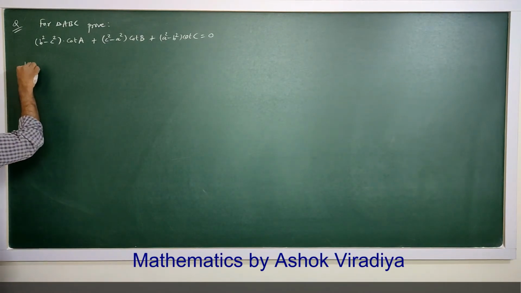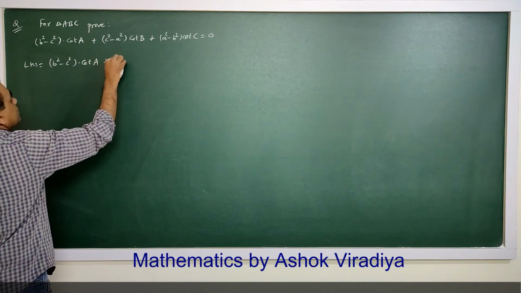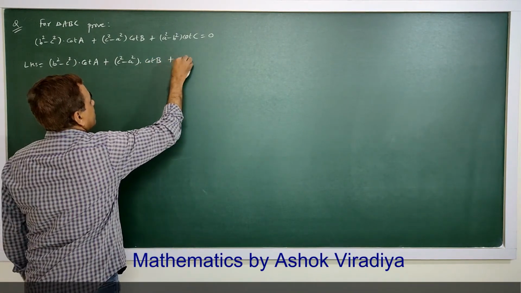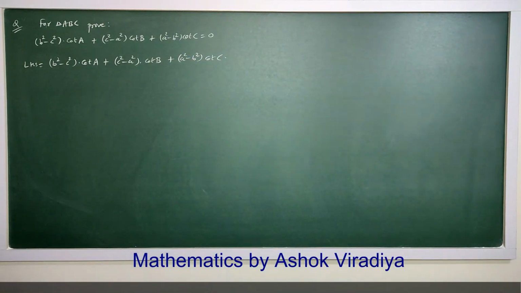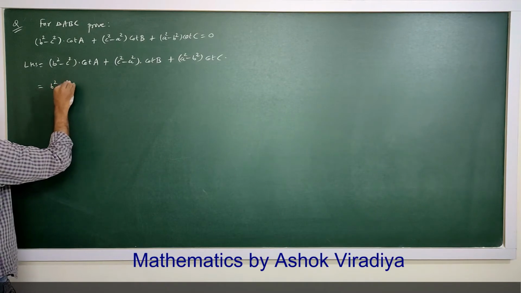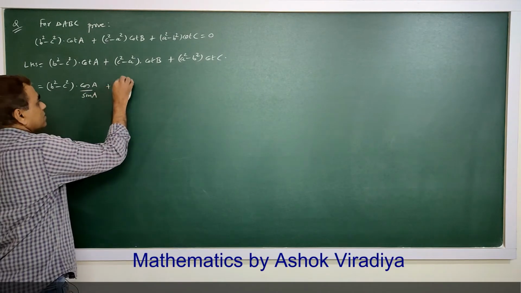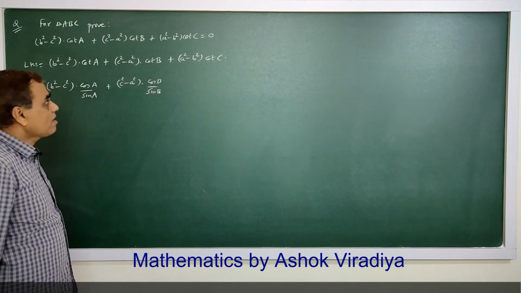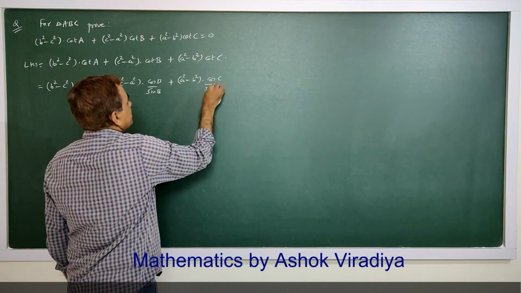Beginning from the left hand side: b square minus c square into cot A plus c square minus a square into cot B plus a square minus b square into cot C. Now first of all, we express cot A as cos A by sin A, plus c square minus a square cot B is cos B by sin B, plus a square minus b square cot C is cos C by sin C.